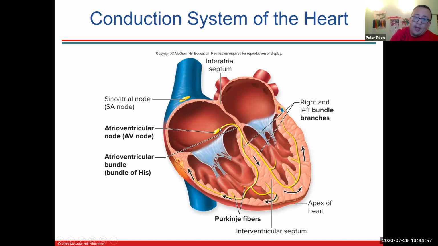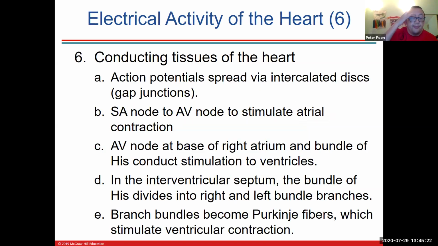So this contracts, the signal gets sent to the AV node, but there's a brief 100 millisecond delay, and then the signal gets passed down through the bundle of His, through the left and right bundle branches to the Purkinje fibers, and then the ventricles contract. If you inactivate the SA node, the AV node takes over, but the AV node has a heartbeat rate of about 50.